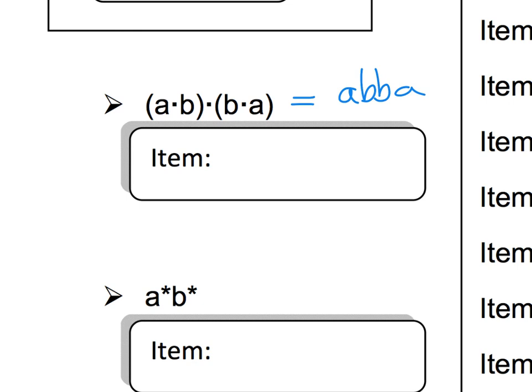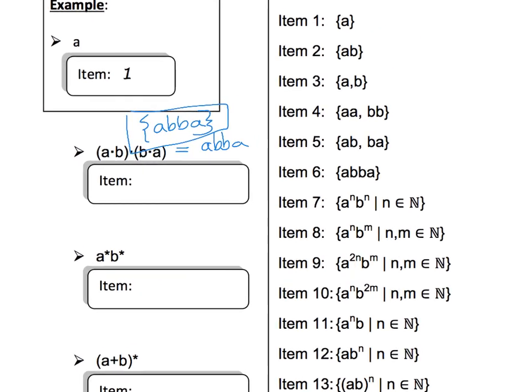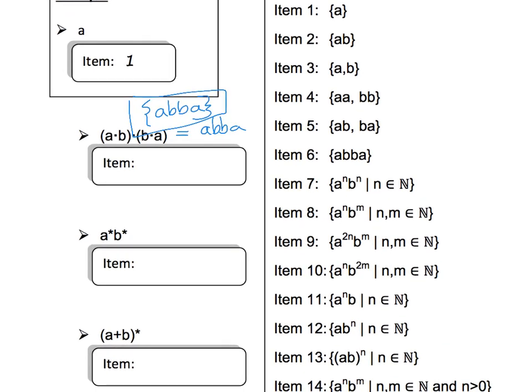The language of that regular expression is just this thing right here. Now we have to look for that in my list, and I think there's one that looks like that. Yeah, there we go. Item 6. So we're just going to write a 6 in there, and we're done.